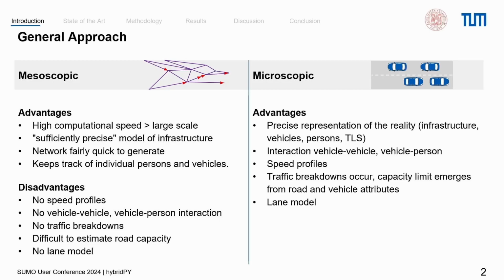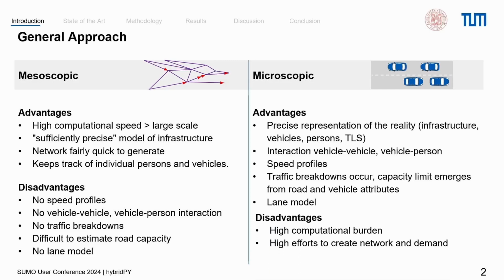And we have a lane model inside, so we realistically simulate our infrastructure. Nevertheless, the disadvantages of our microscopic traffic model are that we have a high computational burden, and quite high effort to create the network as well as the demand.